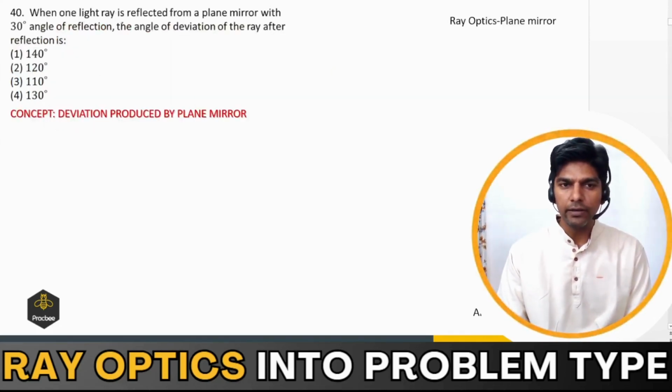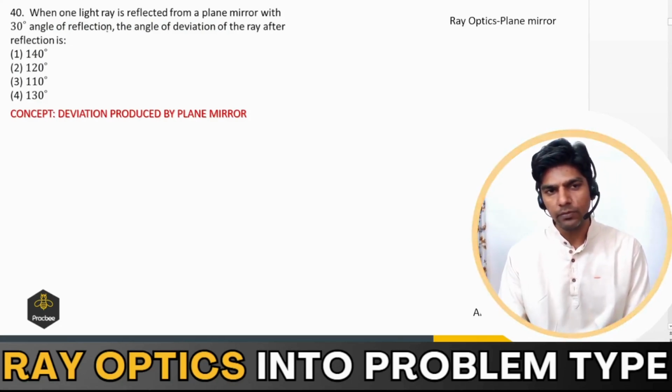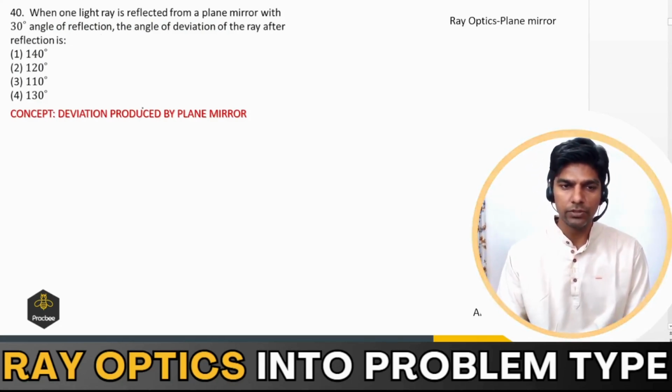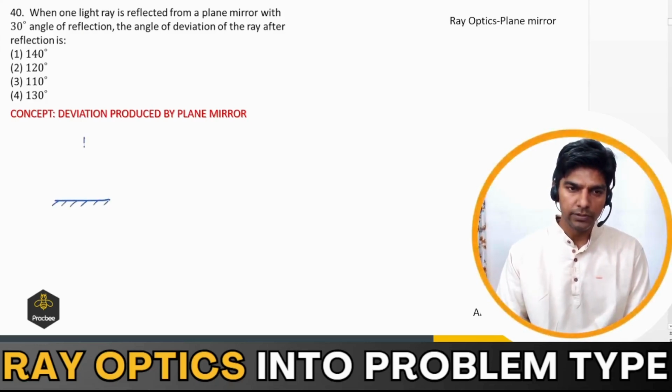When one light ray is reflected from a plane mirror with a 30-degree angle of reflection. So we are given a plane mirror, and an angle of reflection is given to us. This angle is given as 30 degrees. Obviously, the angle of incidence is also 30 degrees, right?